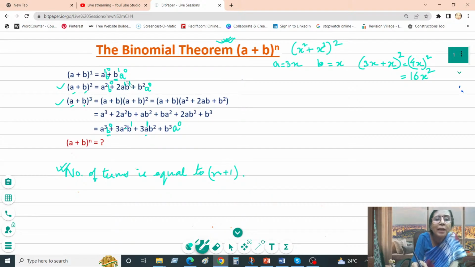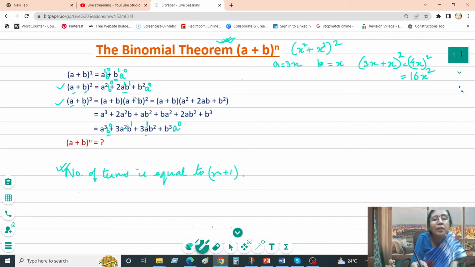They may be the same in some of the terms, like over here a is having a power of 1 or b is having a power of 1. But the power of a will be going on decreasing in steps of 1, and the power of b will be going on increasing in steps of 1. So far clear?